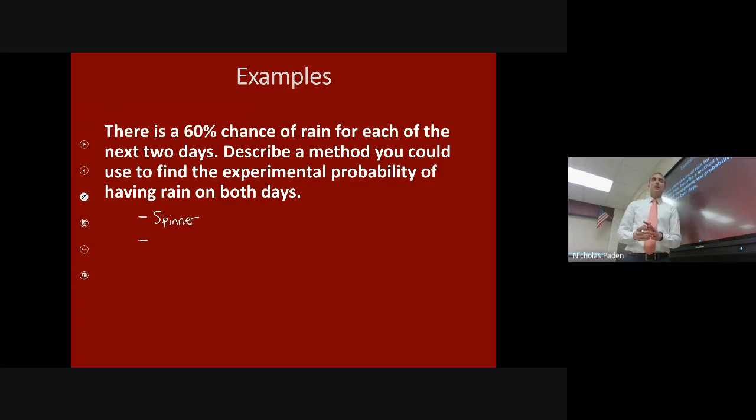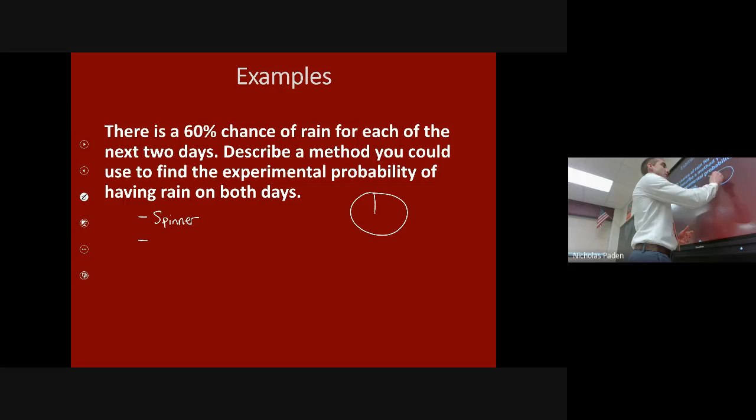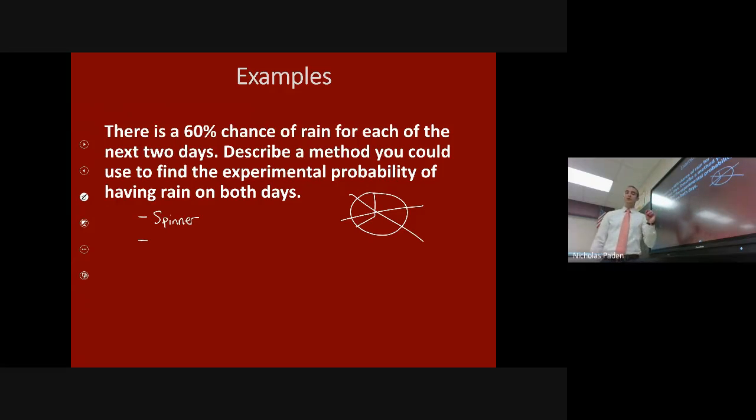But if I have a spinner, and you tell me to split one section as 60%, one as 40%, I don't know if this is 40%. It looks kind of like 40%, but it's not exact. So you cannot just say split it into a 60% and a 40% section.